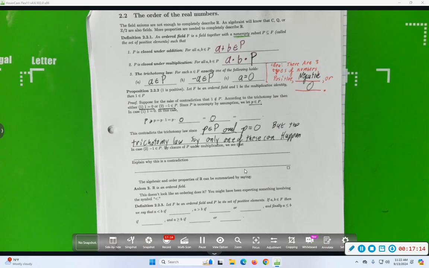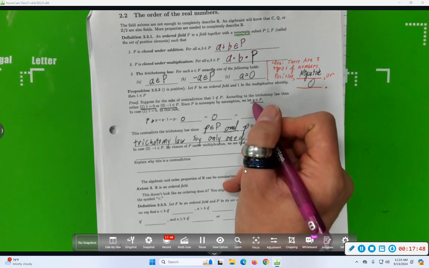All right, let's try to play the same game. Negative 1 is in P. What can we do with that? Well, there's a hint there. By the closure of P under multiplication, if I multiply two positives, I get a positive. Do I have two different positives right now? Yes, I have p positive and negative 1 positive.